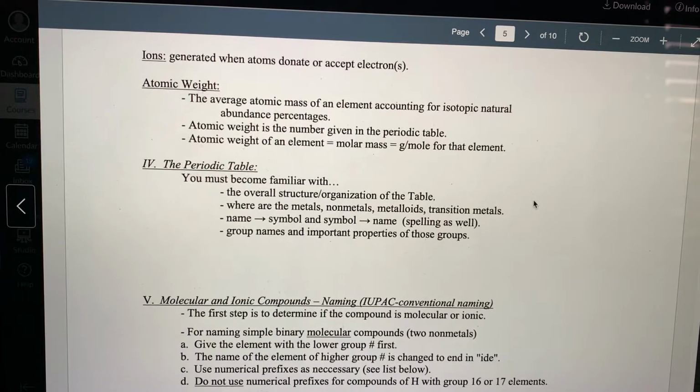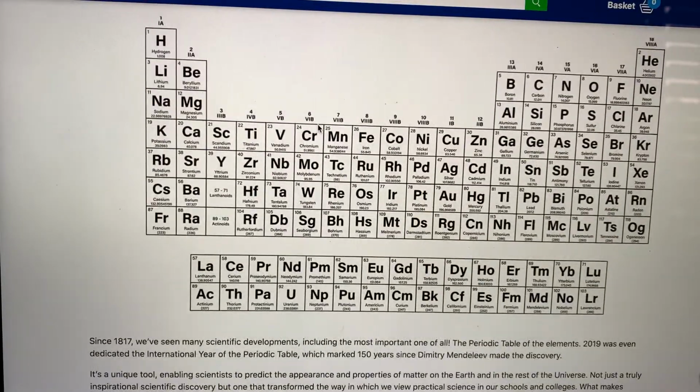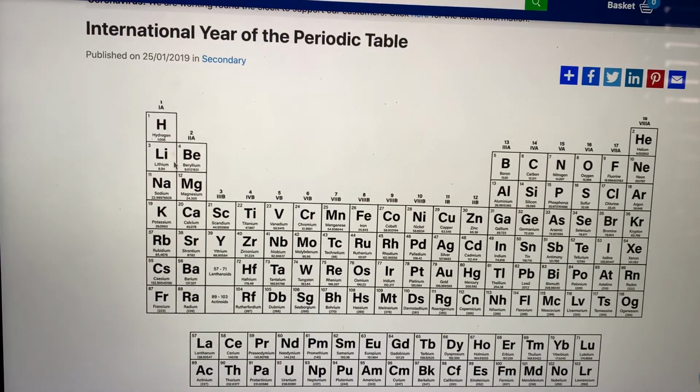On the periodic table, also be familiar with groups. Groups go vertically; those are the columns. Group 1, group 2. Group 1 is known as the alkali metals. Group 2 is known as the alkaline earth metals. Then you have groups 3 all the way to 12. Underneath that, I like this table because it has the old-fashioned way to name them with Roman numerals and letters. Groups 3 to 12 are known as transition metals.